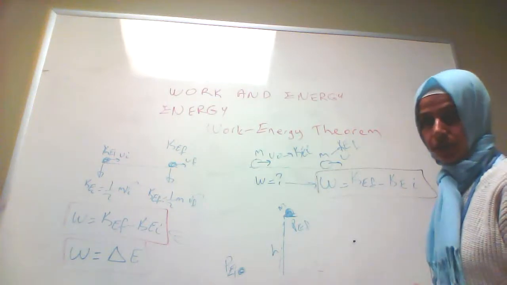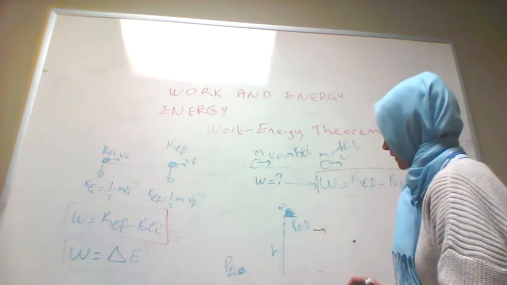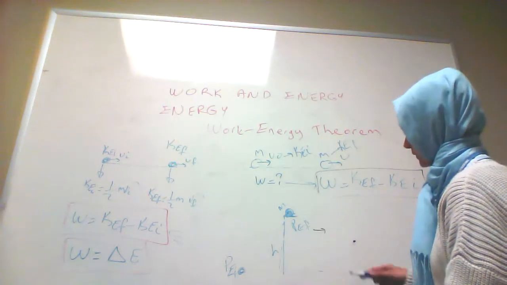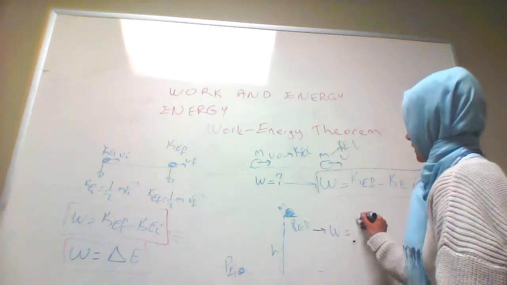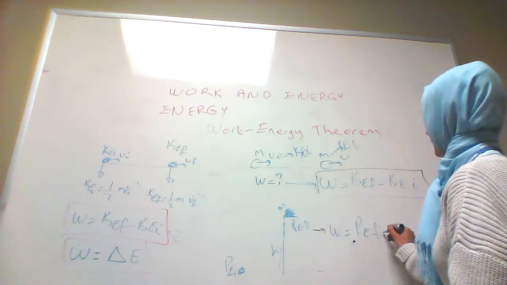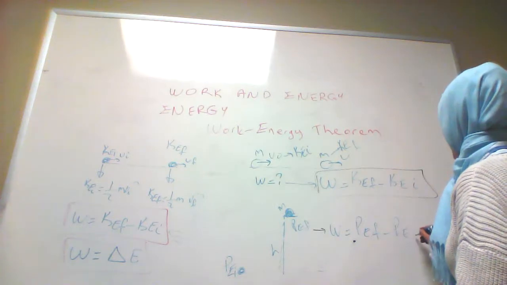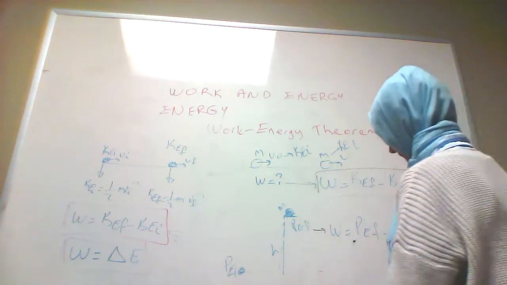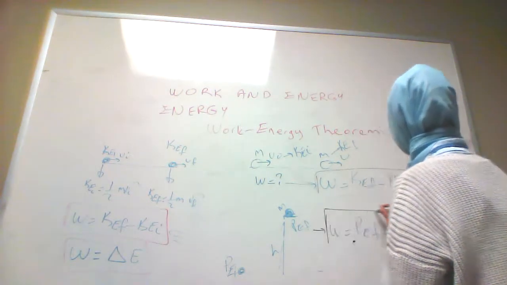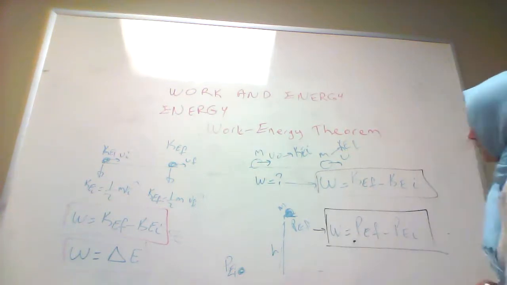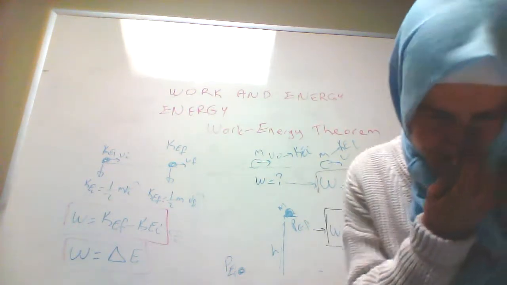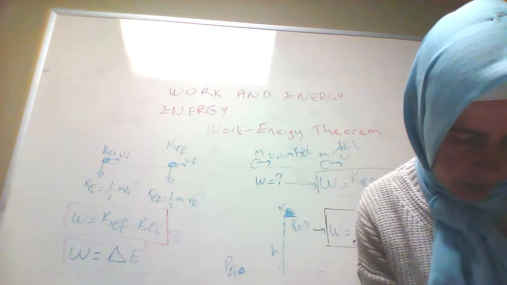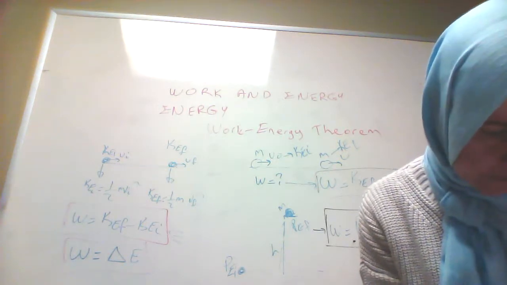And is there work done? Yes. And the work done here is equal to potential energy final minus potential energy initial again. And that's it. Let me see if I have any examples of that. If not, I'll show some examples.